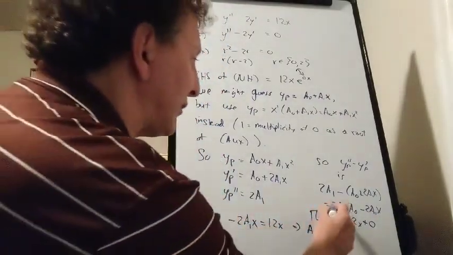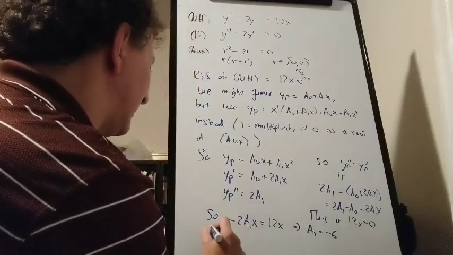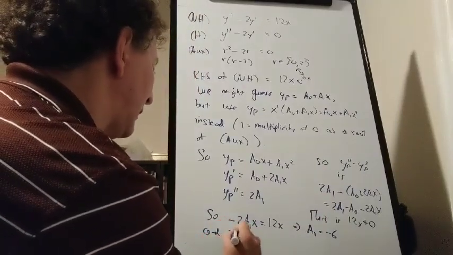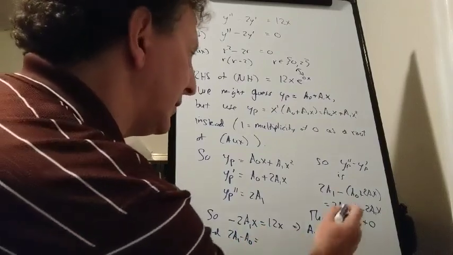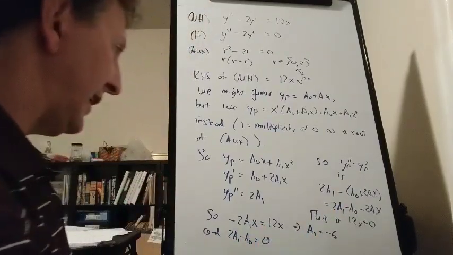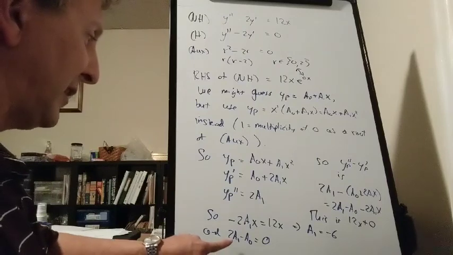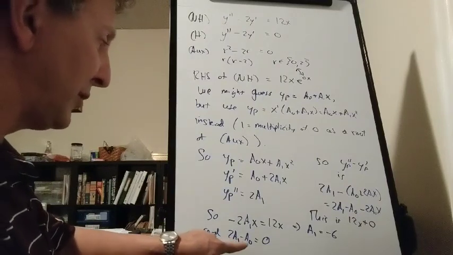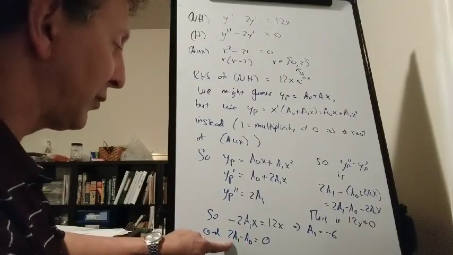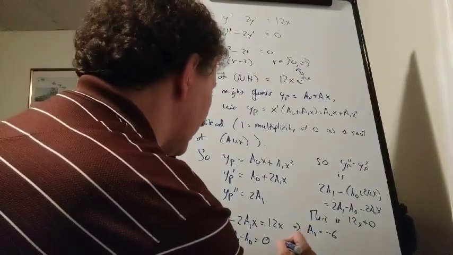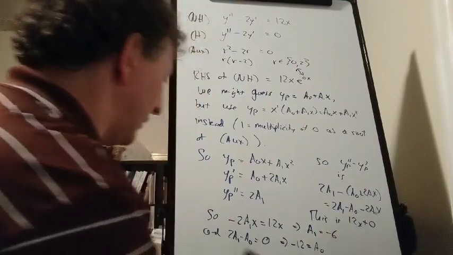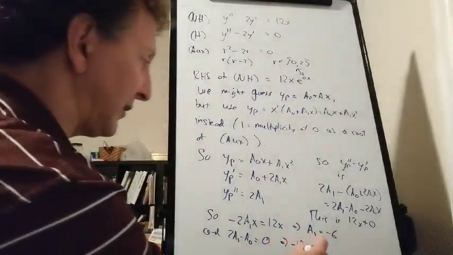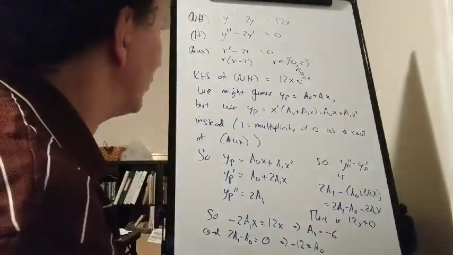On the left-hand side, we've got 2a1 minus 2a naught equals 0. a1 is negative 3, so this is negative 6 minus 2a naught equals 0. So negative 3 equals a naught, if we put that on the other side. Okay, so here we have a naught and an a1.